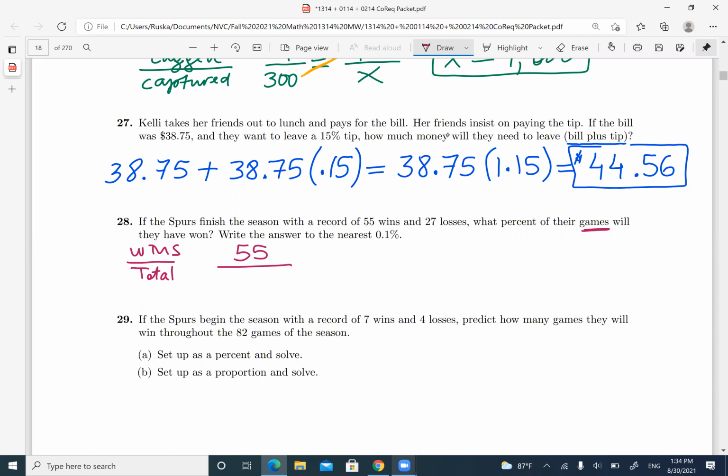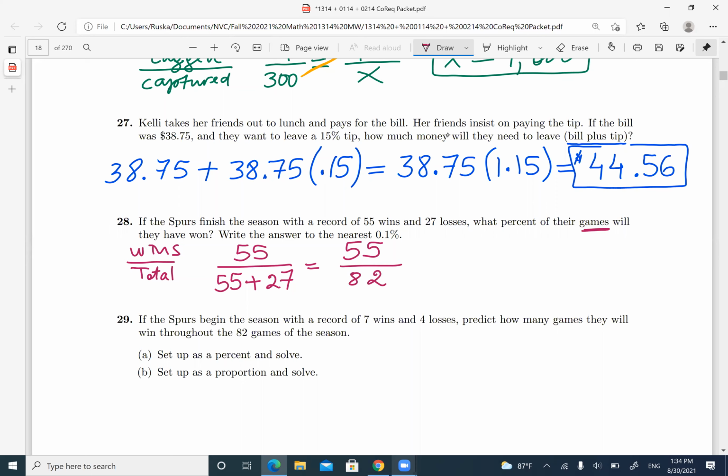What is the total number of games? It's 55 plus 27. I'm going to just write it like this so you can understand why you divide by the total number. So when I add those, it's going to be 82, right?